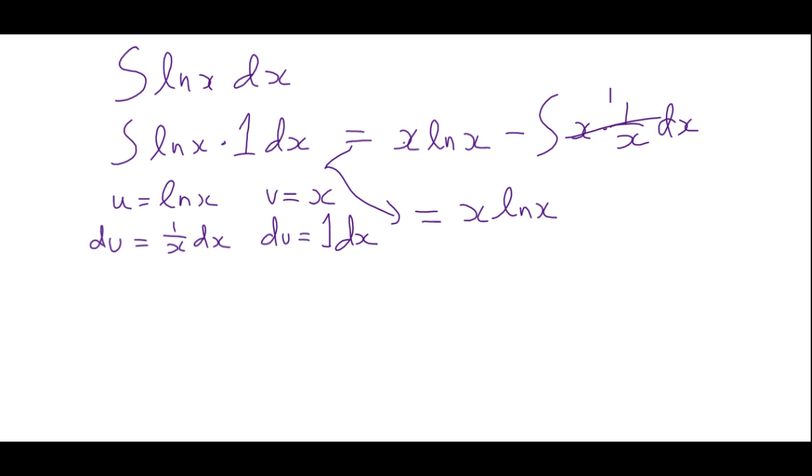So what's the integral? Okay. So this expression is just 1. The integral of 1 is x. So x ln x minus x plus c. Okay. Bingo bango. It's ready to tango. Bing bang boom.